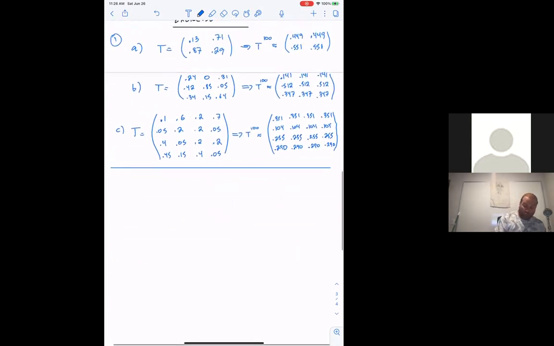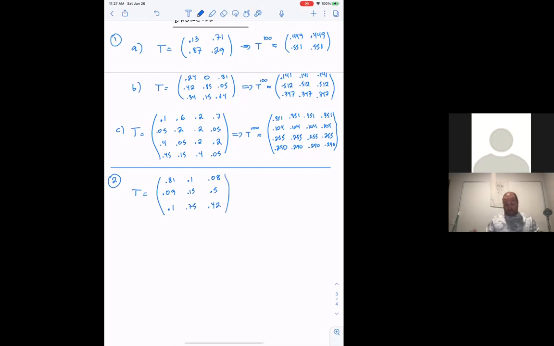Now we move on to question number 2. A regular transition matrix T in a given Markov process is defined as follows. T equals, it's 3 by 3, we have 0.81, 0.1, 0.08, 0.09, 0.15, 0.5, 0.1, 0.75, 0.42.